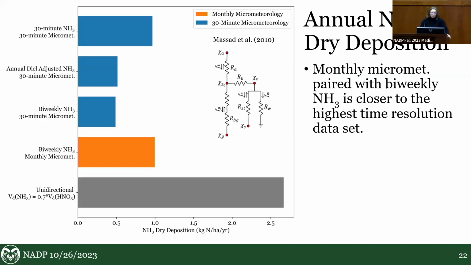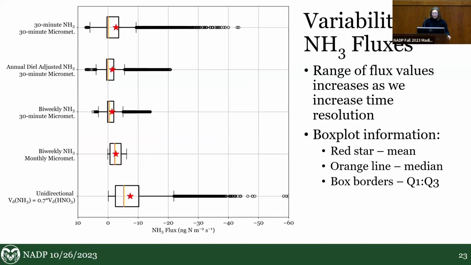So when we ask this question of, is it necessarily worse to decrease our data time resolution, it looks like for Rocky Mountain National Park for this year, perhaps not. And this has been quite surprising to me, but I'm also cautiously optimistic about, as we dig into it more, what it might say about the validity of using biweekly ammonia and lower time resolution MET data in order to capture bidirectional exchange of ammonia in Rocky Mountain National Park.